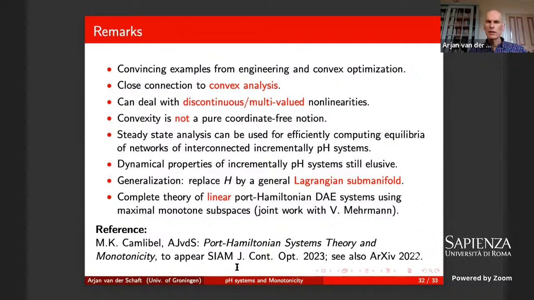And what is very nice about it is that there's a close connection to convex analysis and the whole powerful theory of this. And one of the advantages is that this can deal with all kinds of discontinuous and multi-valued nonlinearities.